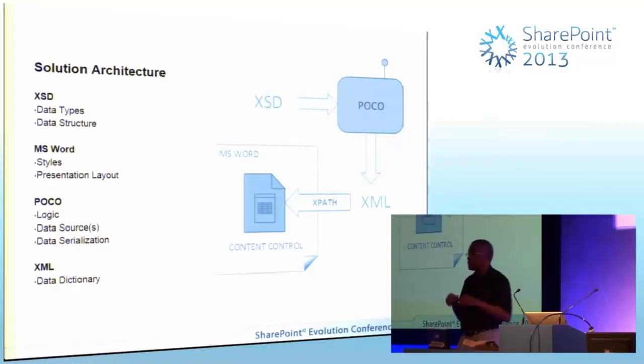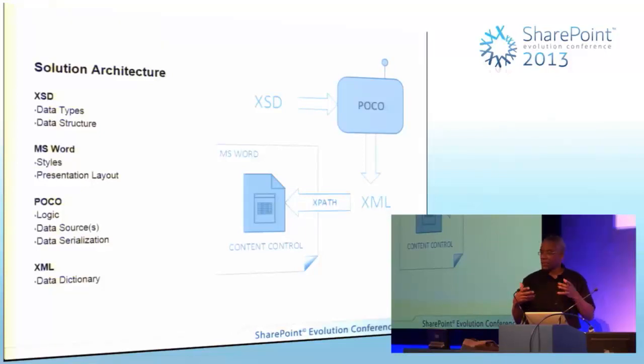XPath has a rich enough expressibility. It gives us enough expression power to deal with hierarchies, to deal with different data types, right? We can control pretty much everything that we need. We can get everything that we need to construct the document just using XPath, right?